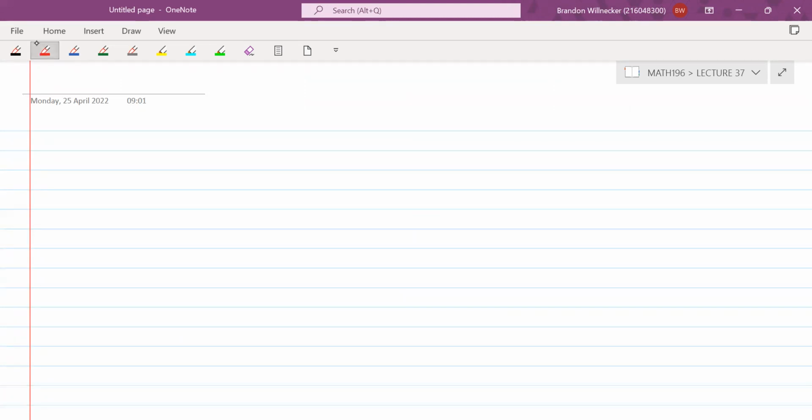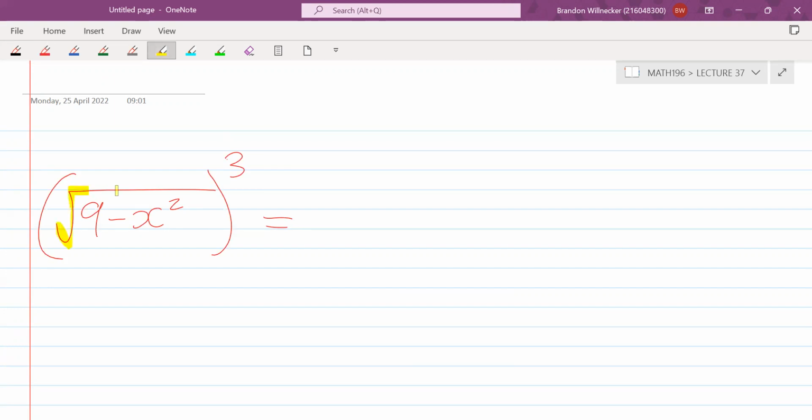Let's say we've got root 9 minus x squared, but then I cube that. So there's still the root. It's exactly the same. But I could also write this as 9 minus x squared to the 3 over 2.